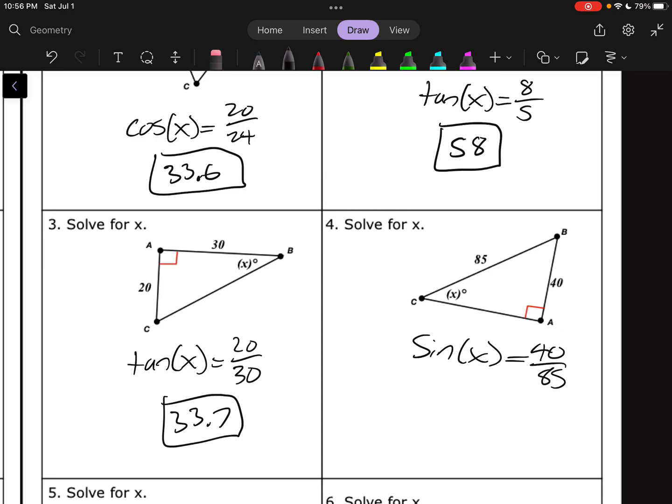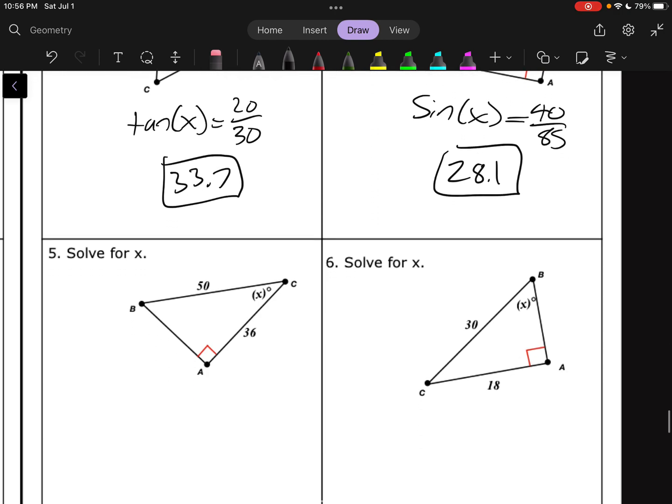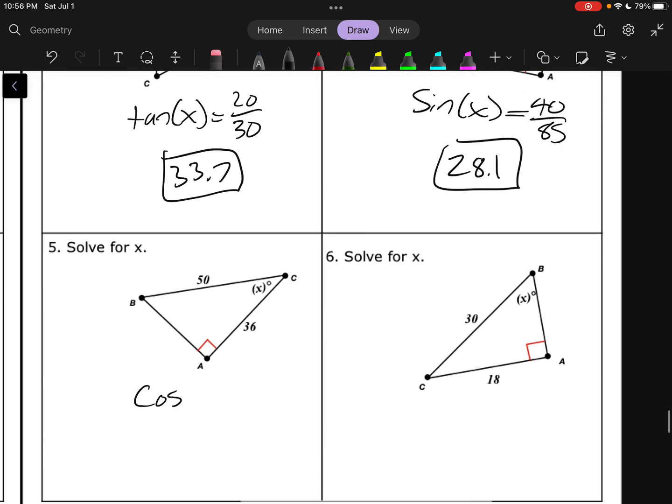Over 85 gives me 28.1. Number 5 should have been a cosine. Cosine of x is equal to 36 over 50. That gives me 43.9.